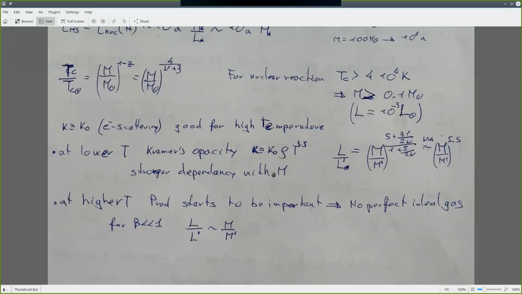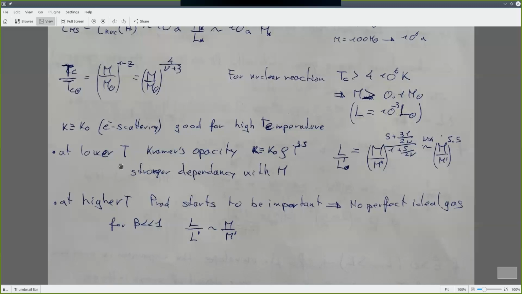Then we just consider some changes, because as said, we consider opacity that is constant, electron scattering, that is for high temperature. But if you are going to lower, less massive stars, we start to have lower temperature also inside of the envelope.